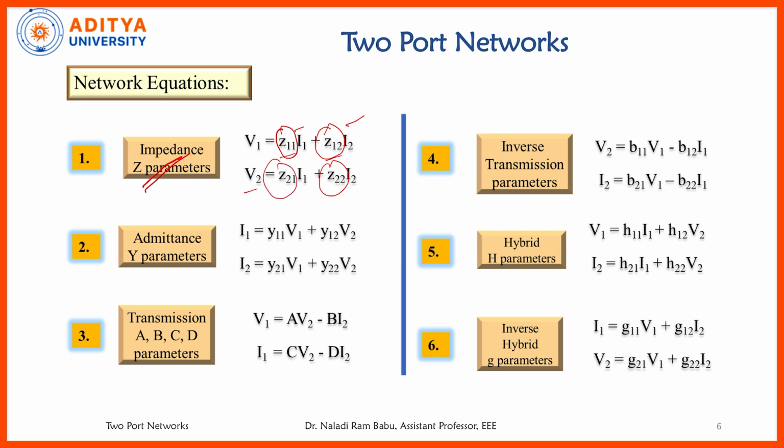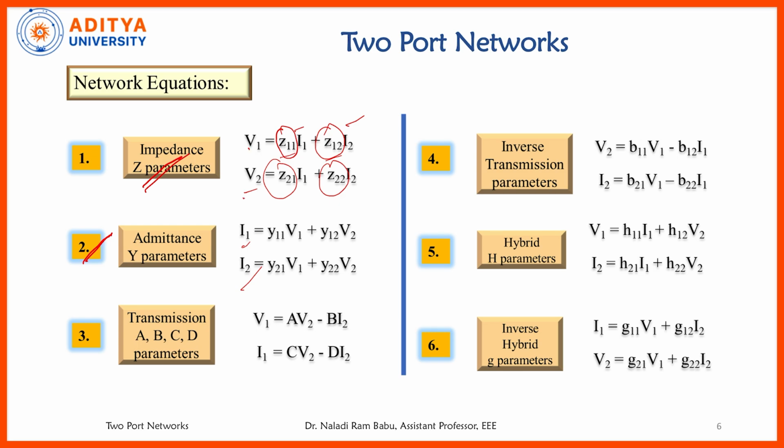Coming to the second type, the admittance parameters, also known as Y parameters. Y parameters start with the input current and output current, whereas the impedance parameters start with the input voltage and output voltage.